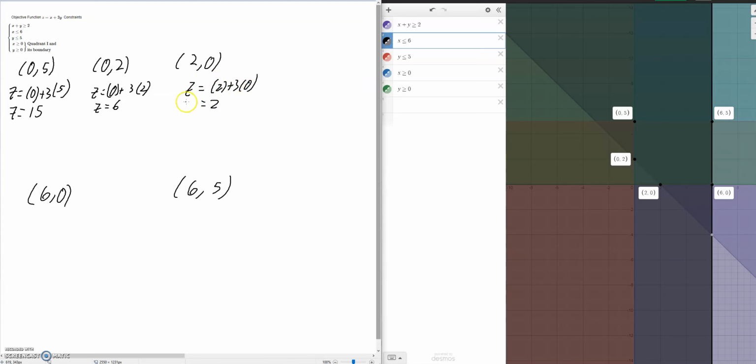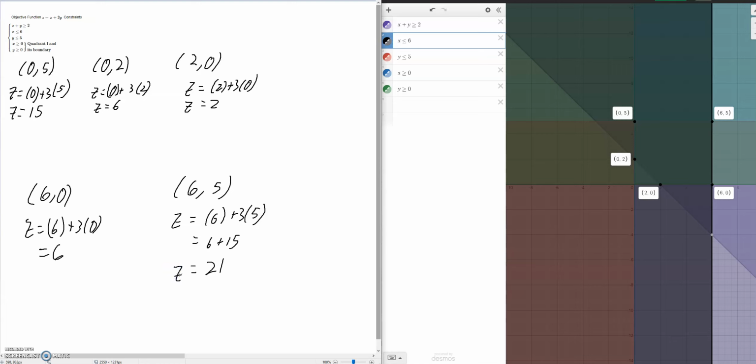It's going to give me 2. Z equals 6 plus 3 times 0. This is going to give me 6. Z equals 6 plus 3 times 5. 6 plus 15. That's going to give me 21.